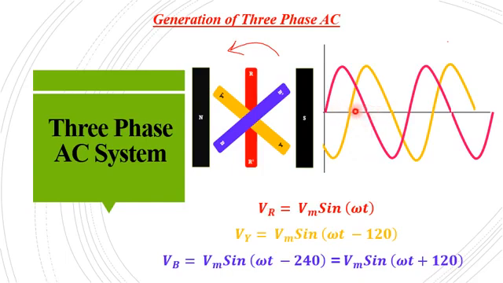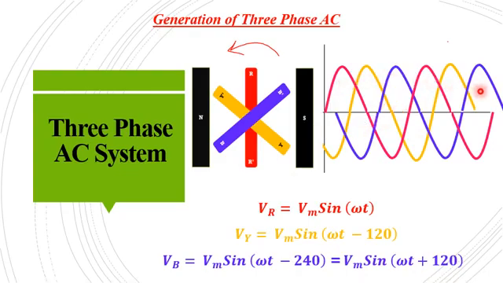That is, the B phase will be starting 120 degrees delayed from the Y phase, somewhere here. So the voltage in the B phase can be drawn like this. Then tracing towards the back, this will be the voltage. So this is your 3-phase AC supply.